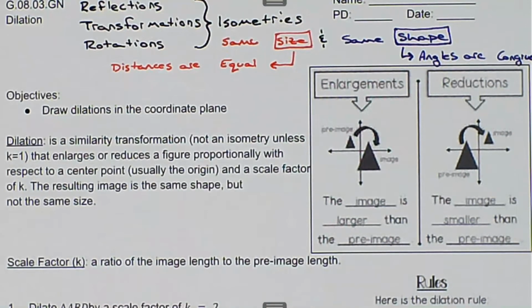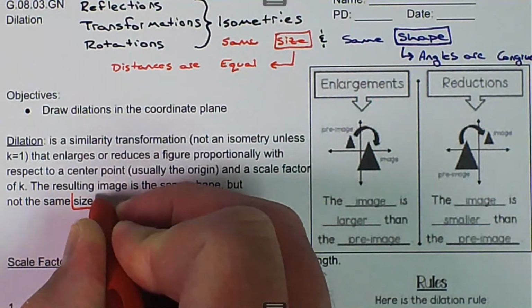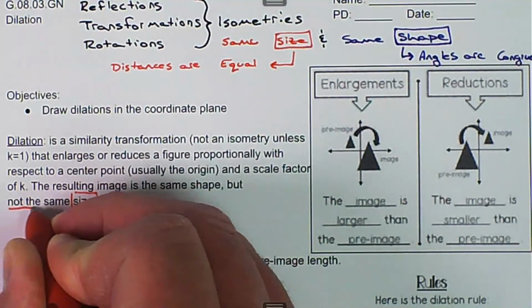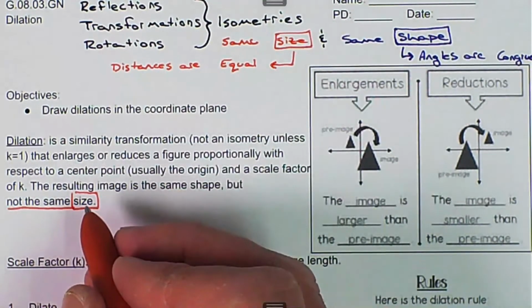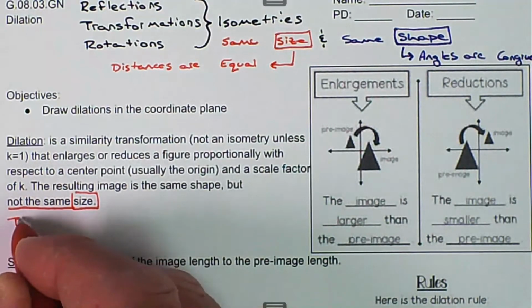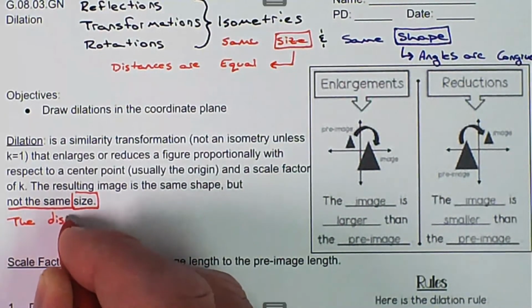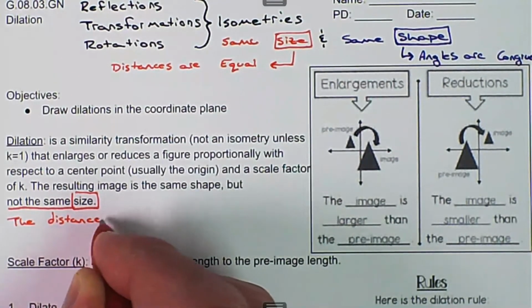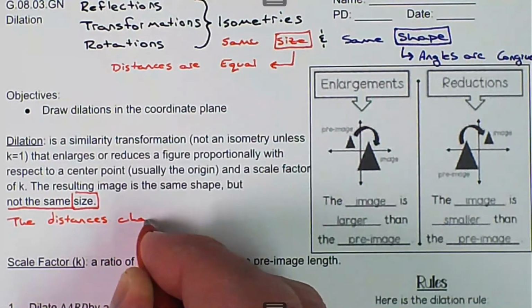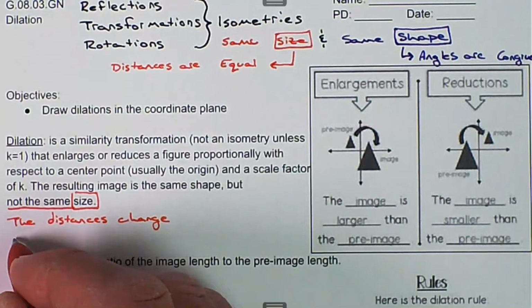And remember, when we talked about size, that meant the distances change by a scale factor of k. So not the same size. That size portion is talking about the distances. So the distances change by a scale factor of k.